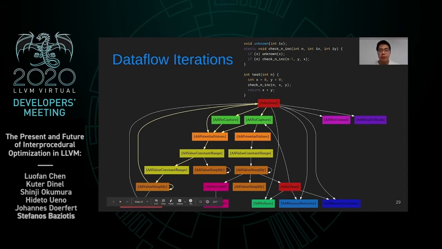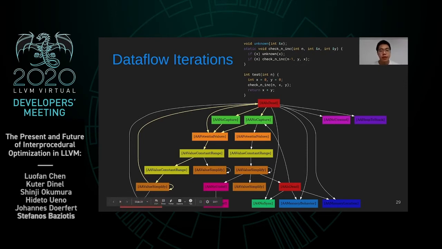In this example, what the attributor will do is create an abstract attribute at the return position of test, that is x plus y, and it will try to deduce the value of it.